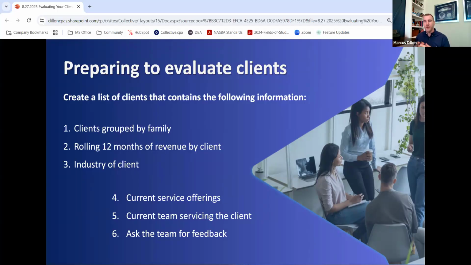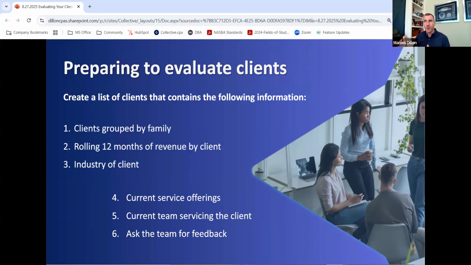And then finally, the last step, which is one of the most important steps, is asking your team for feedback. So I would say after you've put all this together, maybe you've invited others in throughout this process, the final one is actually talking through this with your team. And we'll give some practical examples of how to do that here in a bit.